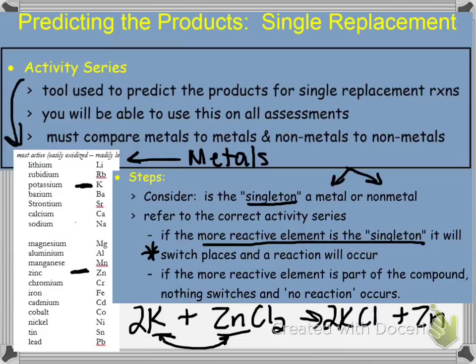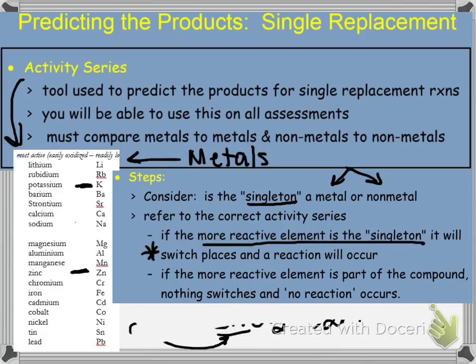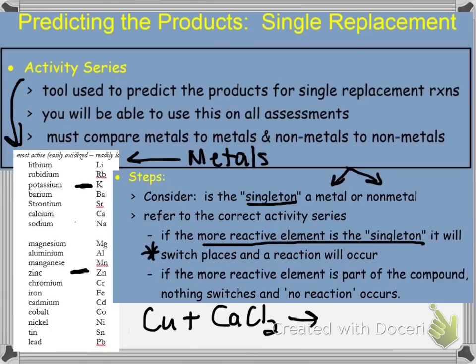Now let's say instead I had copper and I wanted to see if it would react with calcium chloride. In this case, when I look at the copper, oh, look at that.